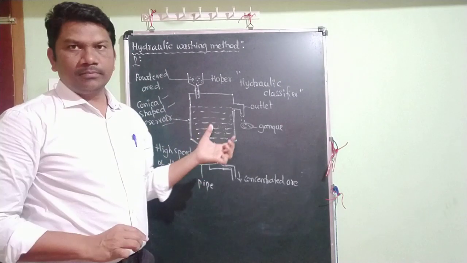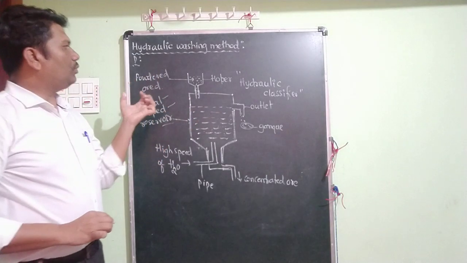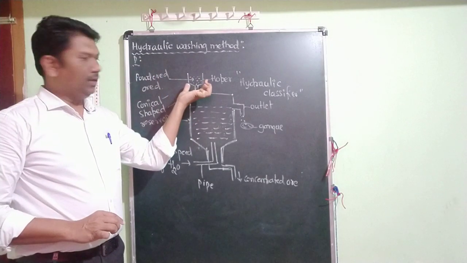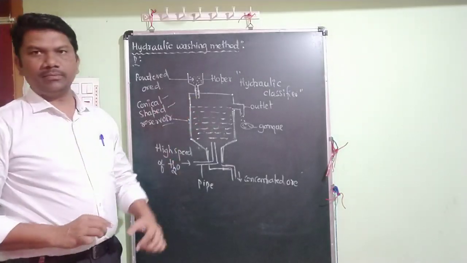In this method, the powdered ore is dropped through the hopper into the conical shaped reservoir.